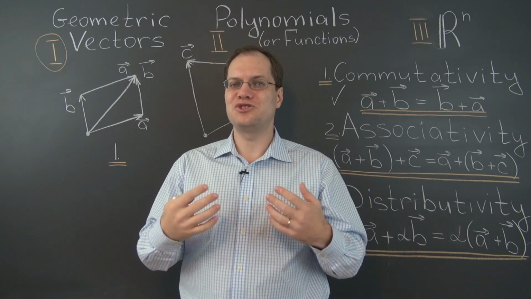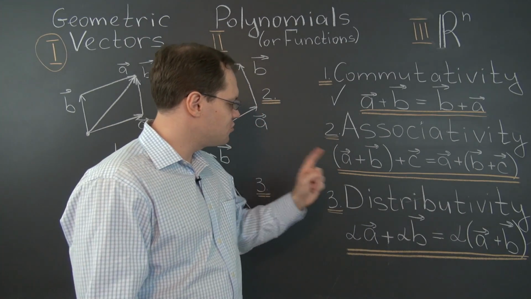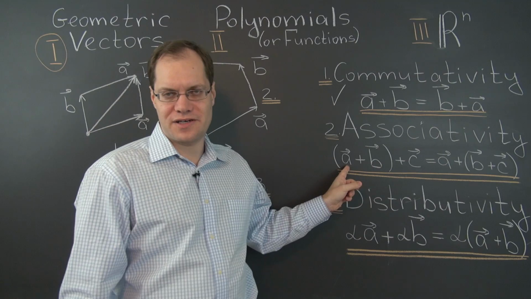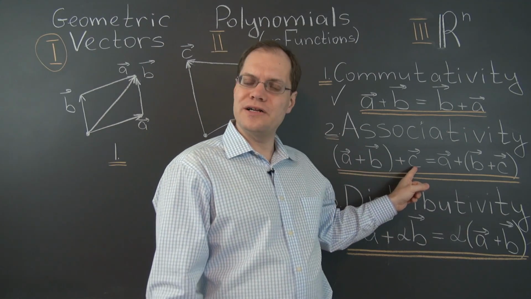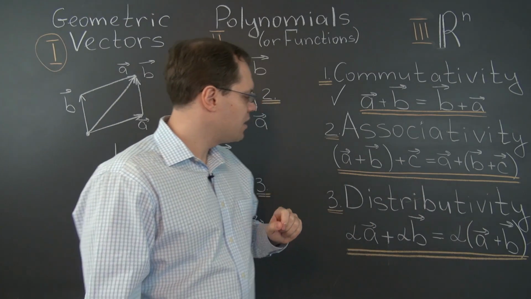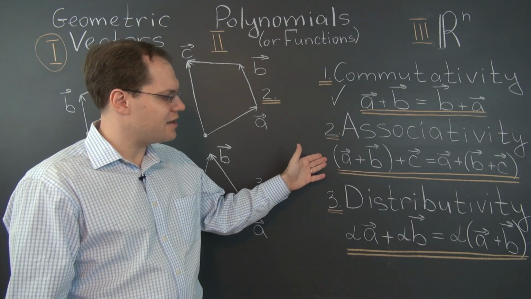Now let's talk about associativity. So associativity involves three journeys, one according to the vector a, one according to the vector b, and a third one according to the vector c. And what does associativity say?